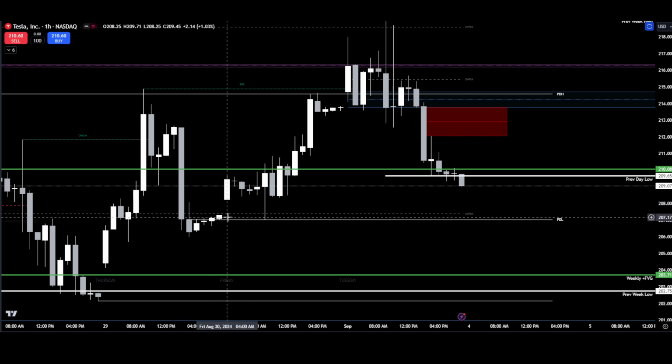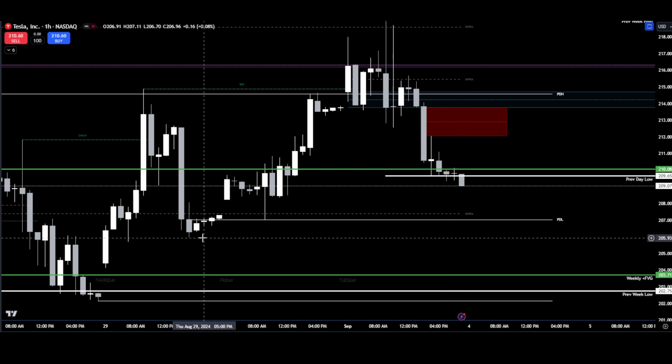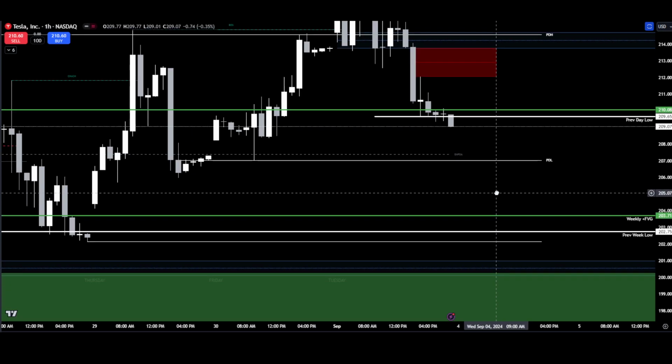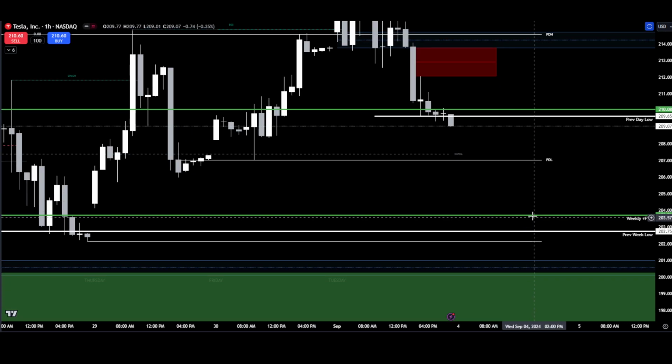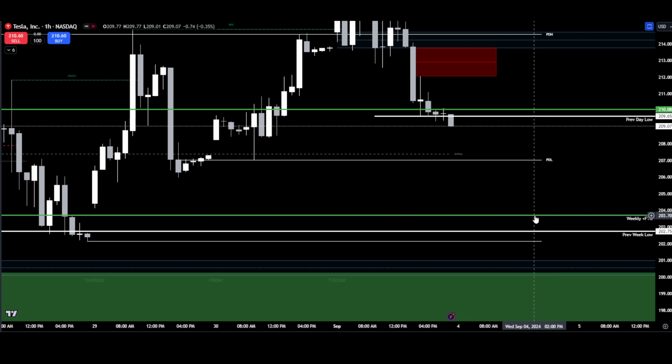So I'm not too worried about that, but if we do start dropping, right, we're gonna be looking for that 207. There's some minor sell side liquidity down here at 206, right? And then we have our levels that we drew out previous week and our fair value gap closing down here. We also have another gap that hasn't been filled, so definitely a chance that we could target that gap.